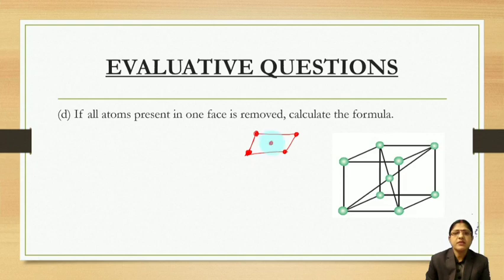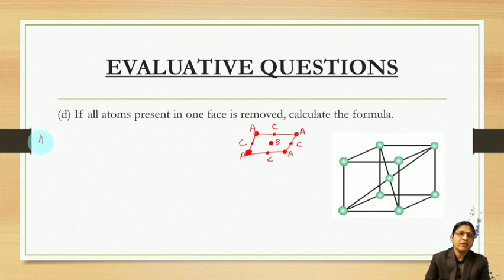Then 1 face center atom, this is B, and corner atoms are A. Then edge centers are also present on a face, these are C. So 4 edges, right? C. So only these atoms are to be removed.